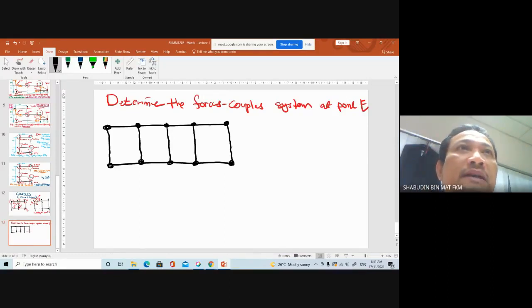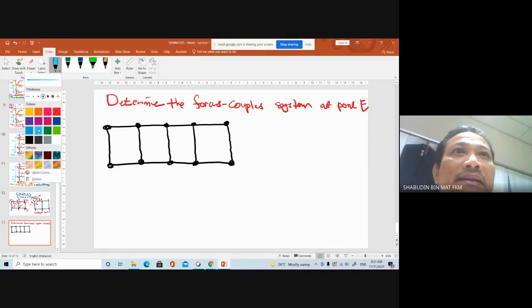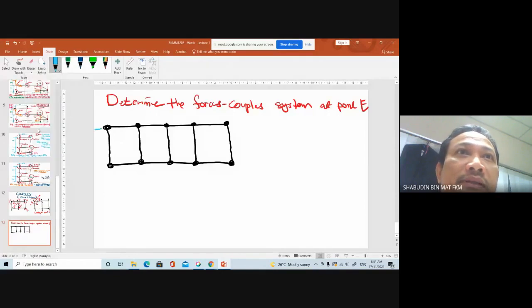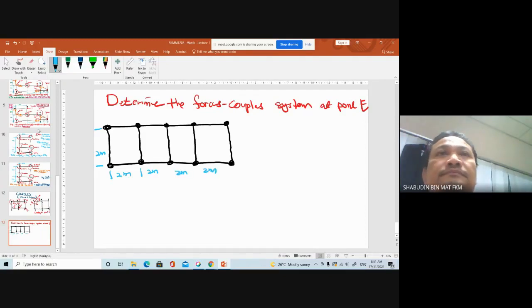Okay, there's a system like this. Then 2 meter here, 2 meter here, 2 meter here, 2 meter there.